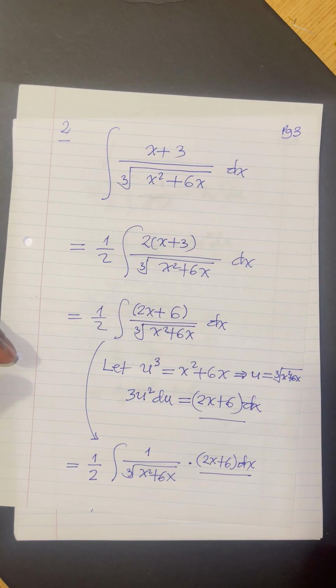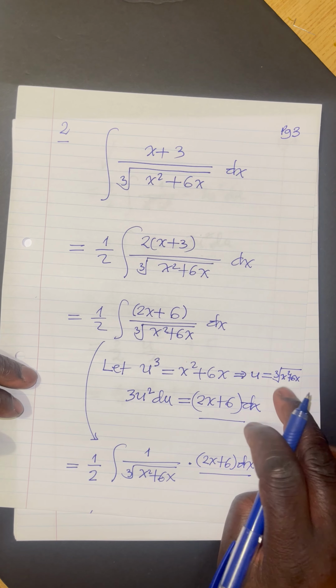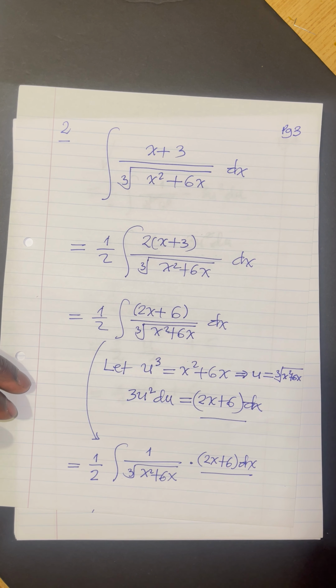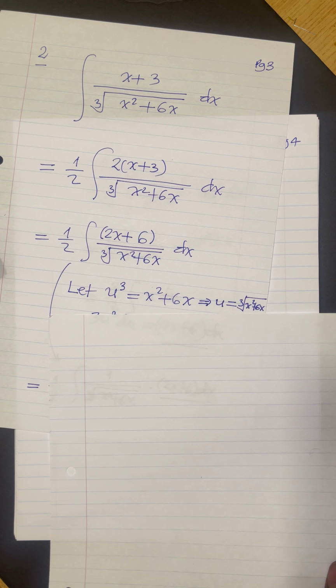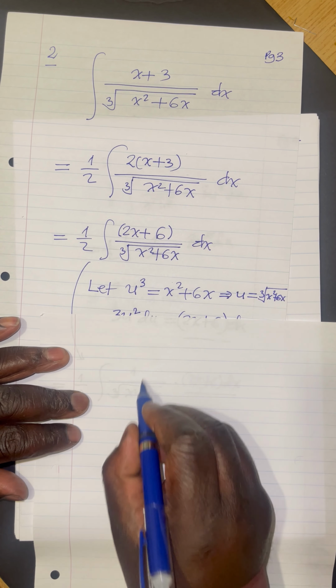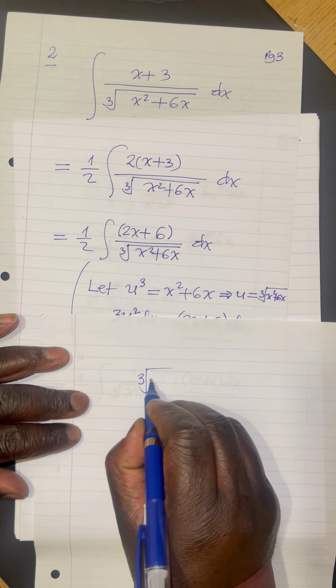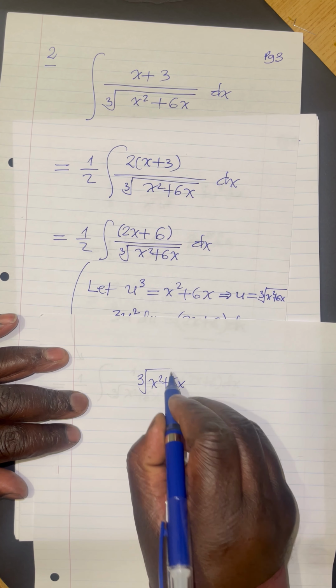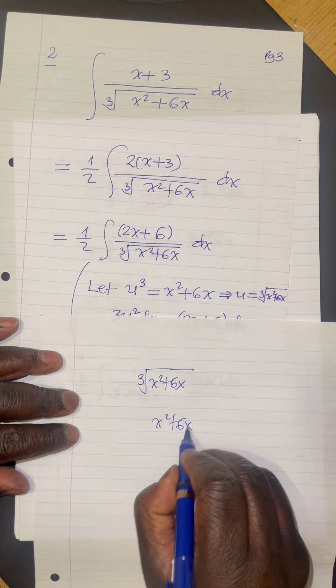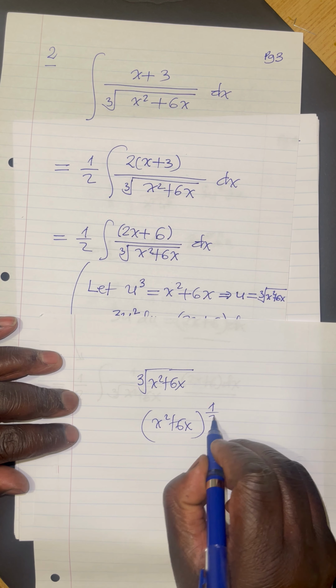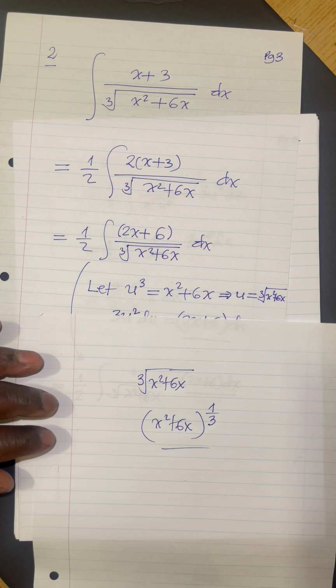So that's cube root of x squared plus 6x. This can be rewritten. Basically, I want to look at this expression here, cube root of x squared plus 6x. You can rewrite it as x squared plus 6x, and then we say to the power 1 over 3. That's cube root of that expression.